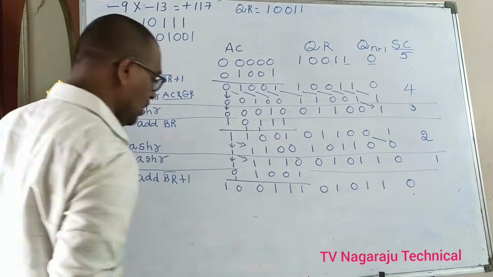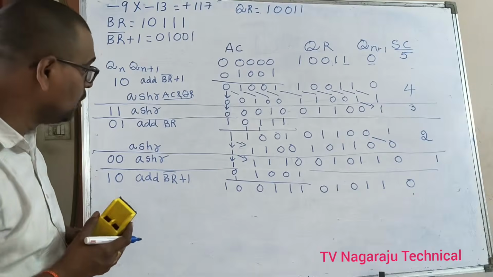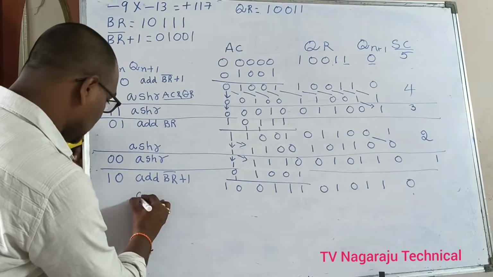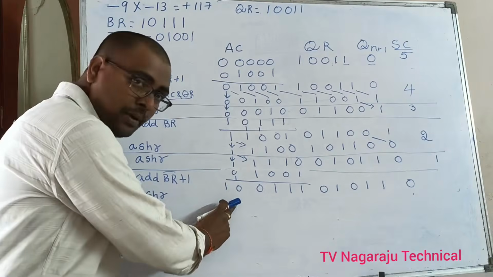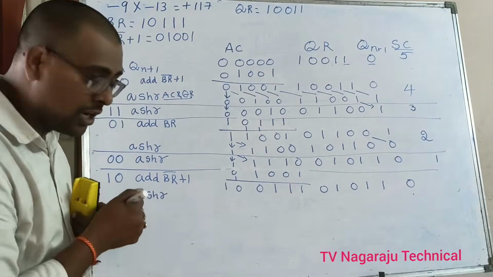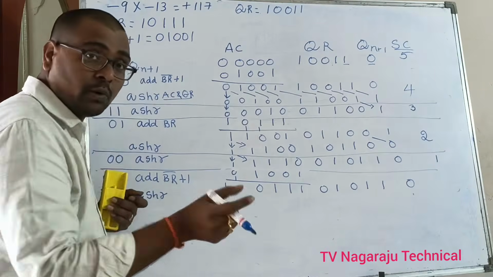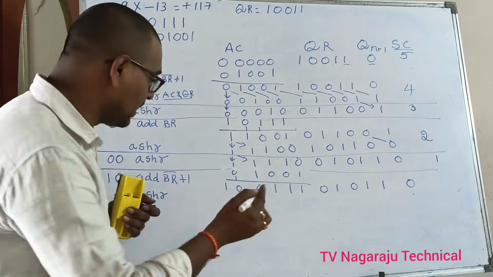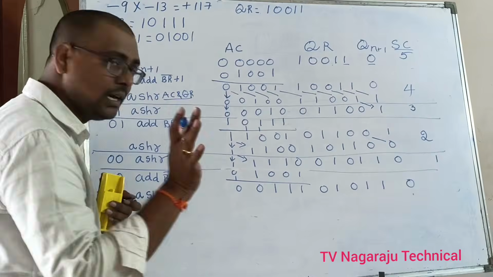This is 0. After this, what do you need to do? Do the shift right operation, ASHR. So by performing this addition, we are getting an additional bit. You know that one: by adding 2's complement numbers, if you are getting a carry, simply discard the carry.